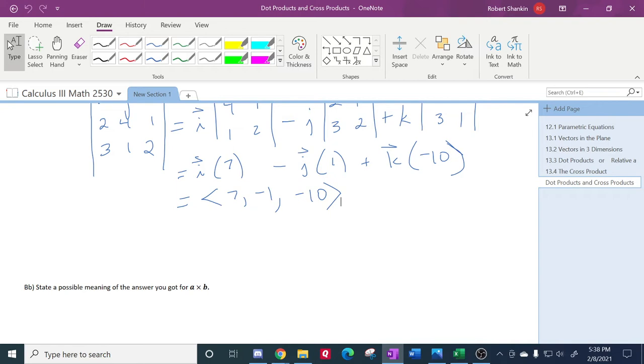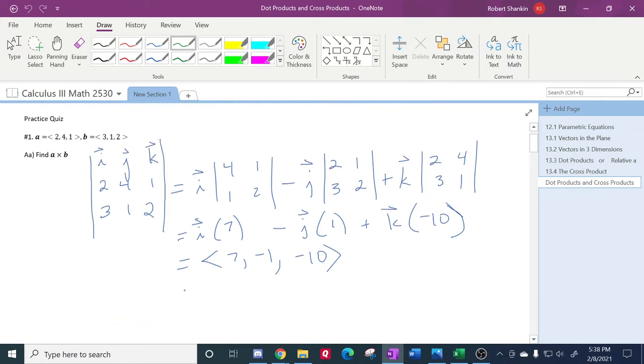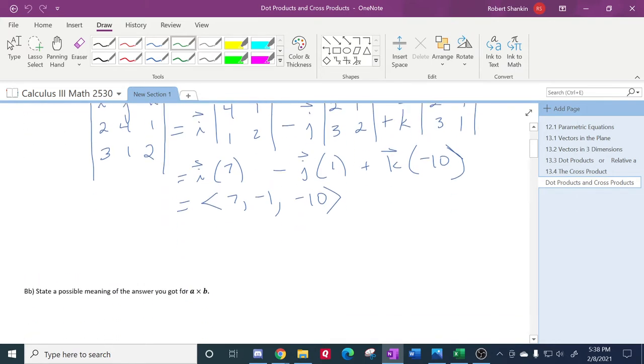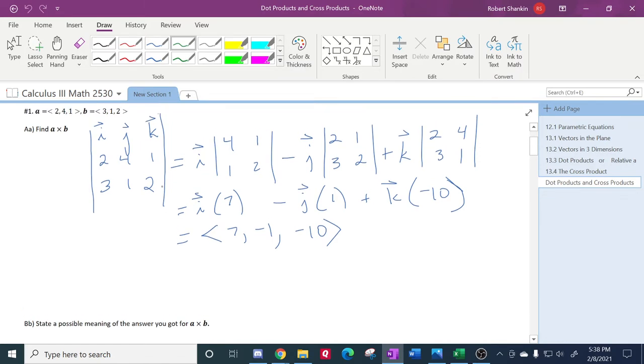Alright, so group 2, give me a possible way you can interpret that answer. I said that it's the torque, when there was a radius represented by the vector A and a force represented by the vector B. Alright, you are really close. Did I have them flipped? Is it the force times the radius?